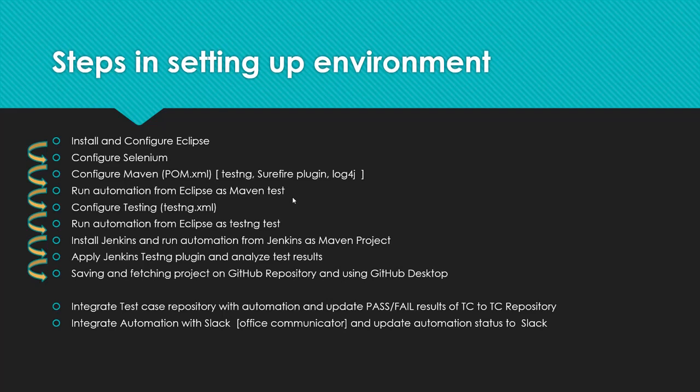After that, we also installed TestNG, created a TestNG XML, and we ran our automation using TestNG test. After that, all these things were on local. Then we created a Jenkins job and ran our automation code using the Jenkins job. These things we have seen in the first 3 parts.